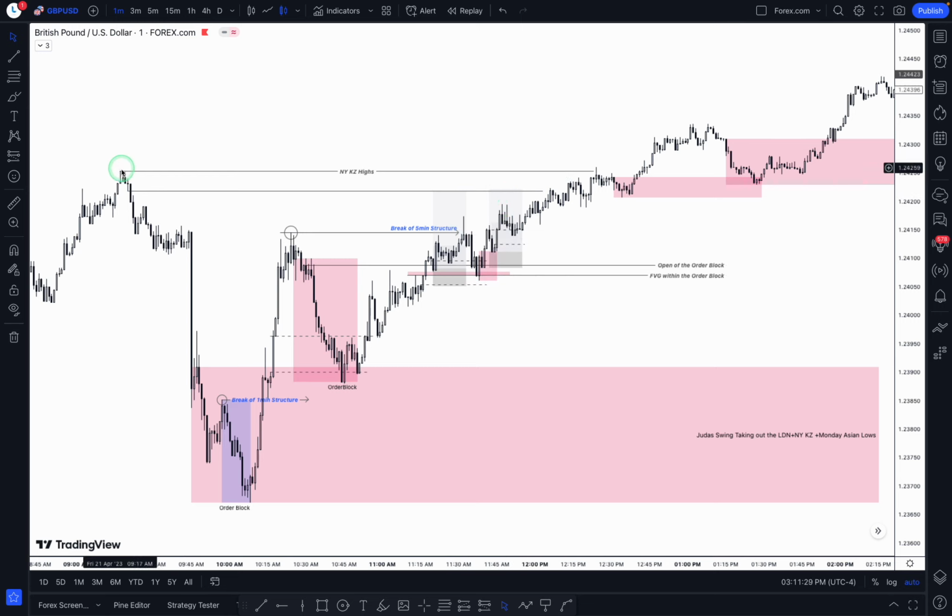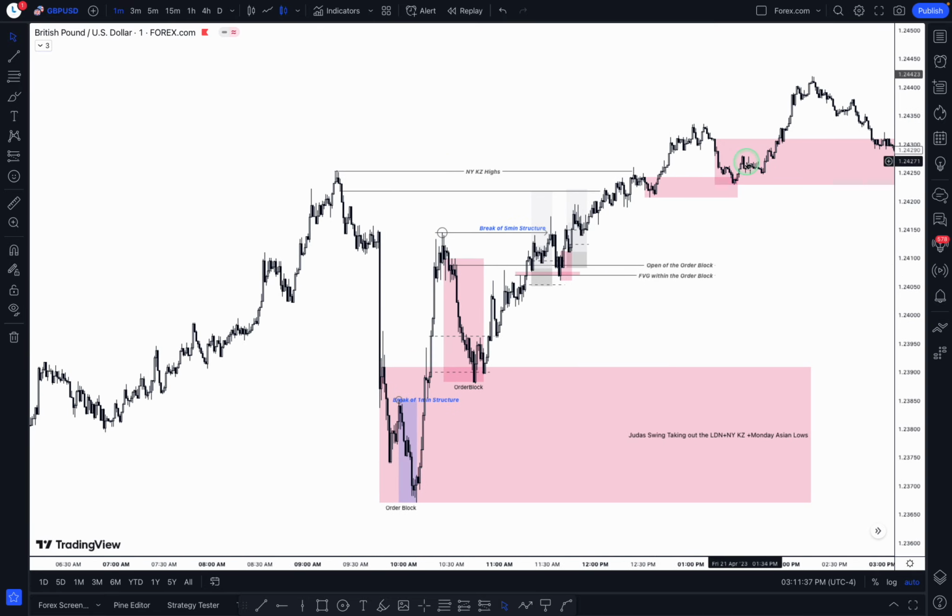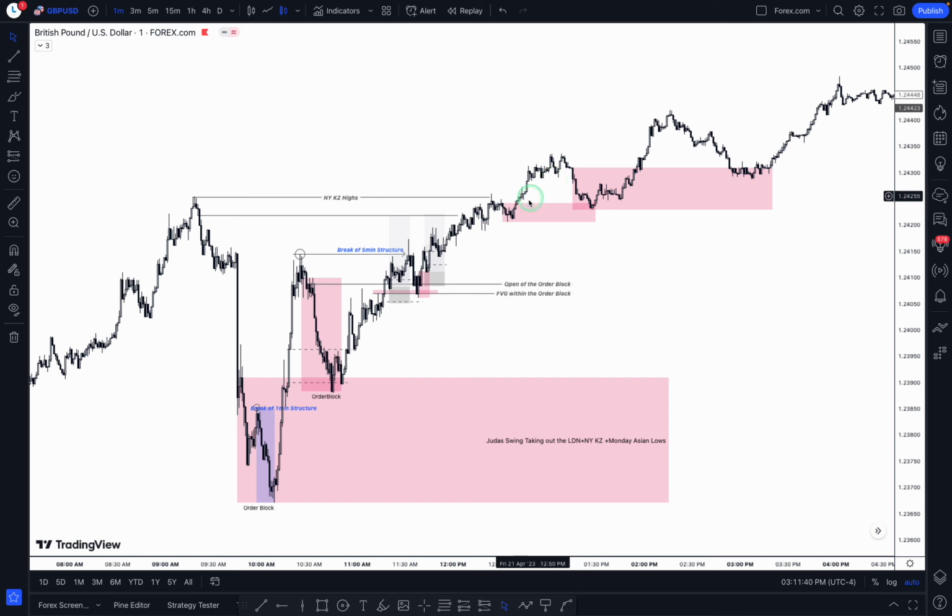However, price decided to go above and take out the New York kill zone high and also the London kill zone high, which is above. As you can see, we've drawn these pink boxes to illustrate where price has created all these fair value gaps and these order blocks to support price higher.